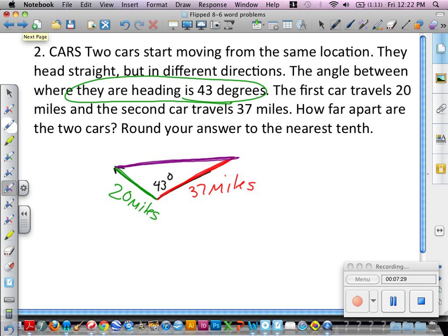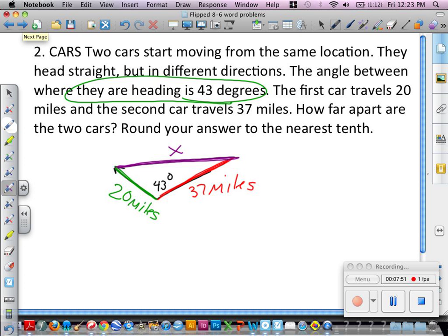Okay, so now I need to decide, am I using right triangle trigonometry? Am I using law of sines? Or am I using law of cosines? I don't see a right angle here, so I'm not going to use right triangle trigonometry. Where's my x? How far apart are the two cars? There's my x.